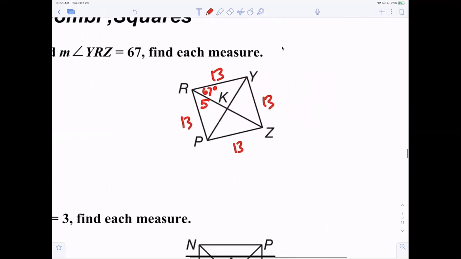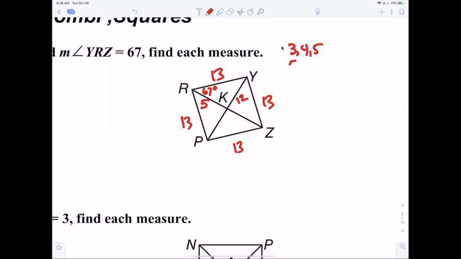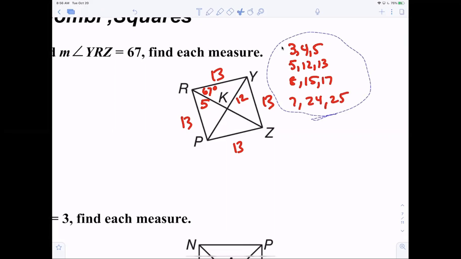It's 12, and I know this without doing any work, because of those triples. Remember, 3, 4, 5, write this down. 5, 12, 13, 8, 15, 17, 7, 24, 25. Those are common on all standardized tests.